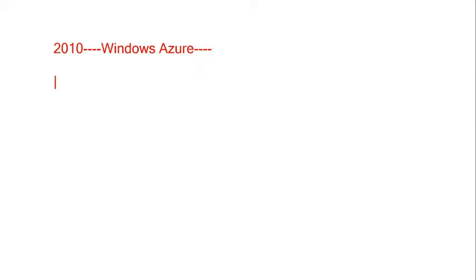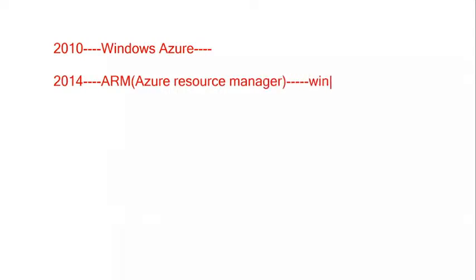Later, in the year 2014, they introduced a new deployment model called ARM, which means Azure Resource Manager, and they renamed Windows Azure as Microsoft Azure.